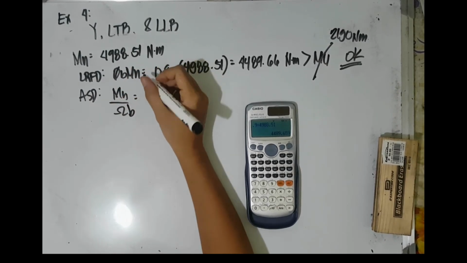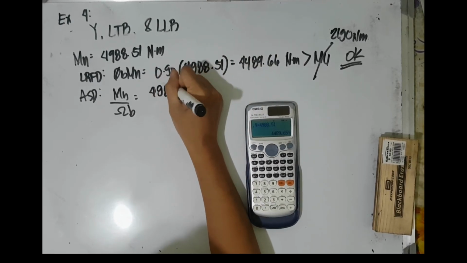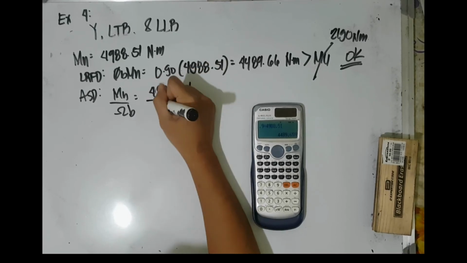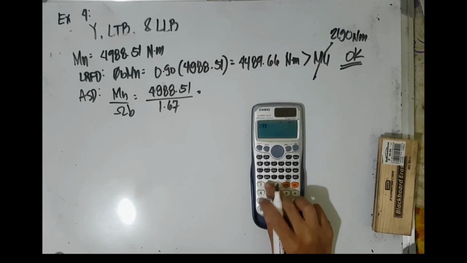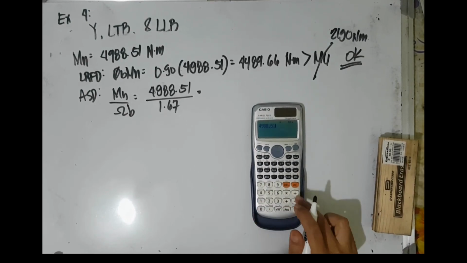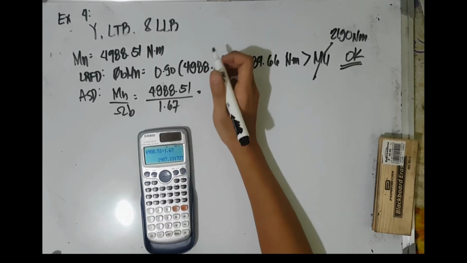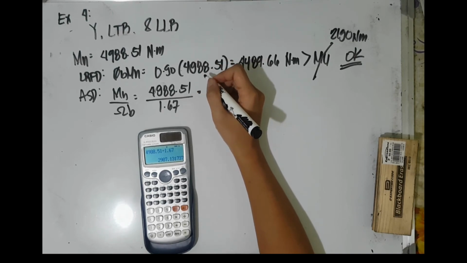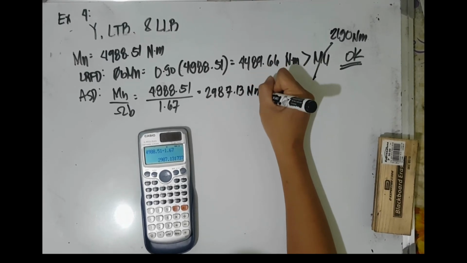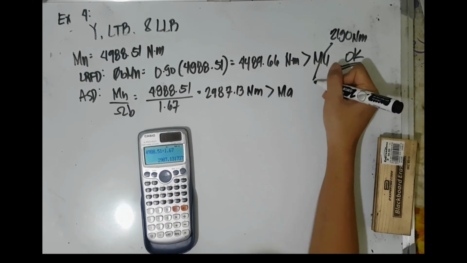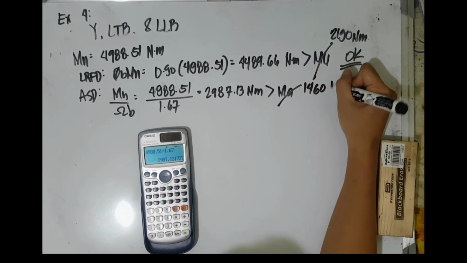And under ASD, our design flexural strength is now equal to 2,987.13 Newton meter, and it is greater than our required flexural strength under ASD, which is only 1,460 Newton meter.